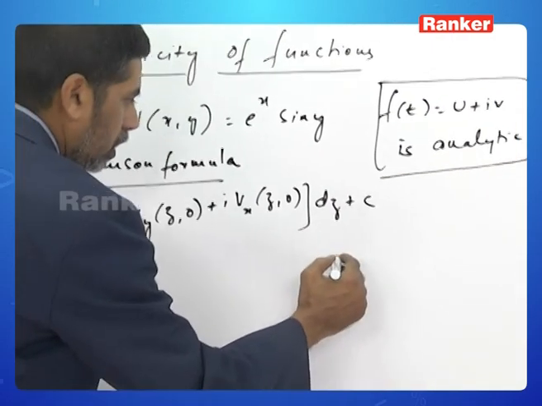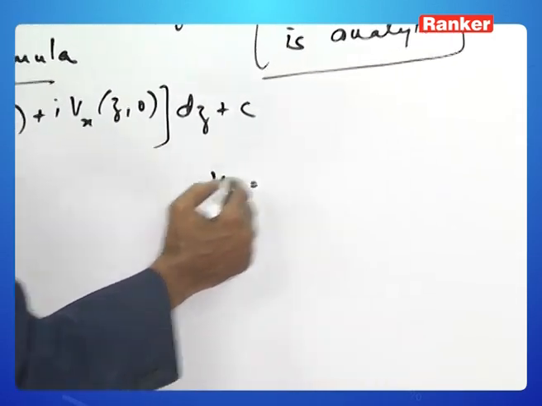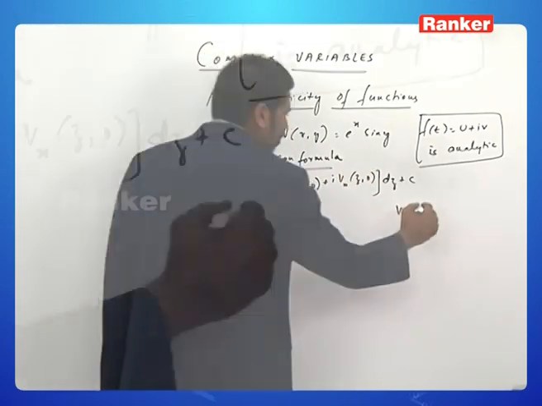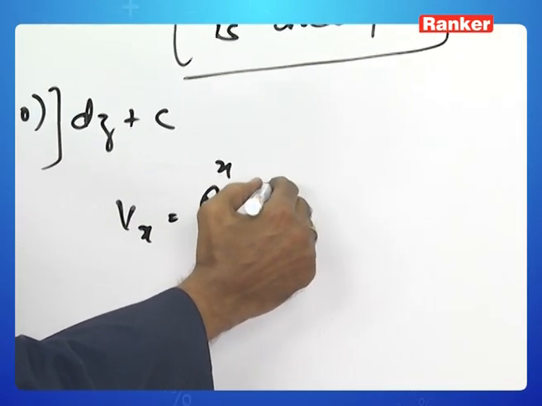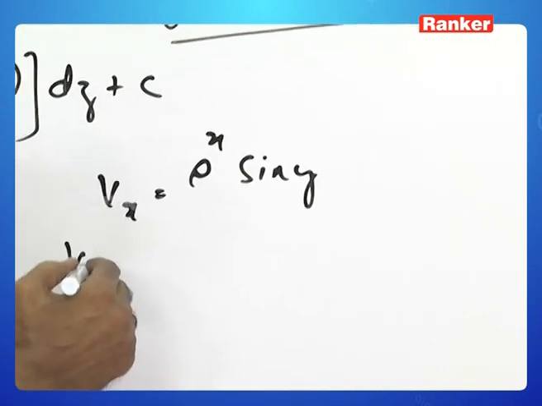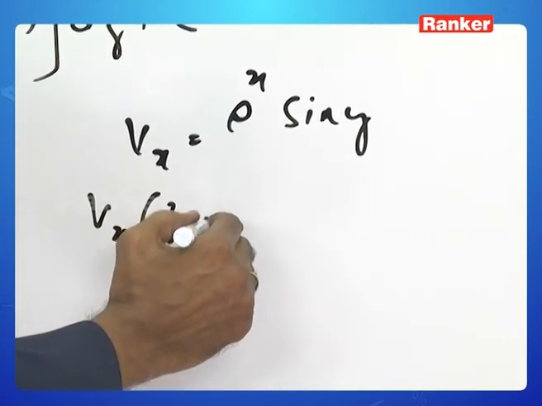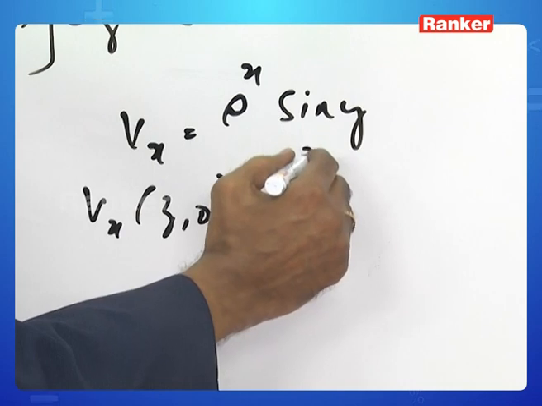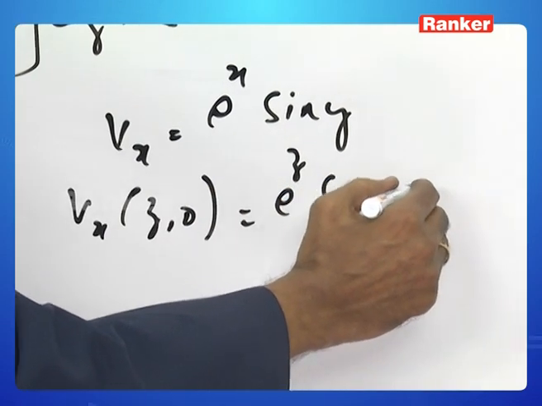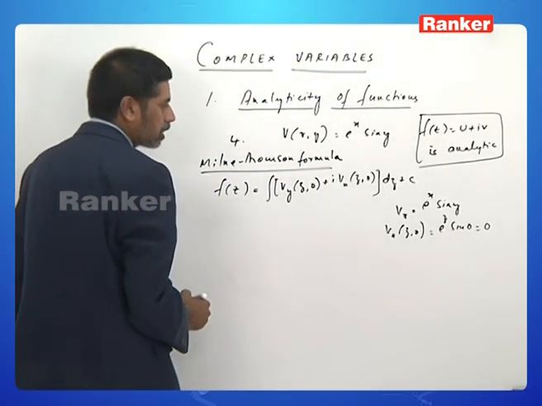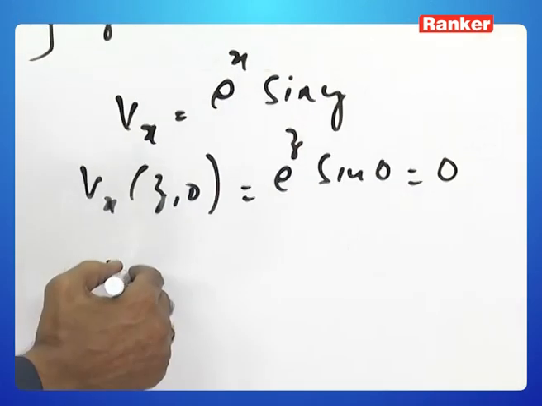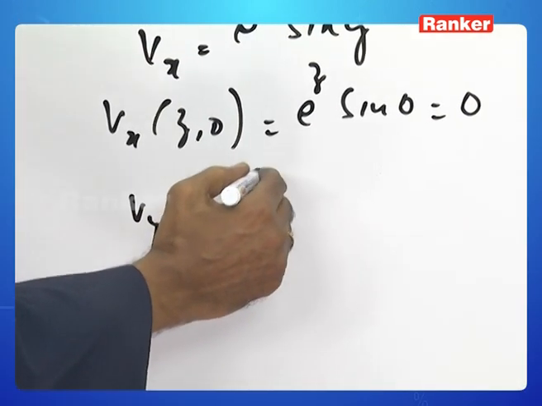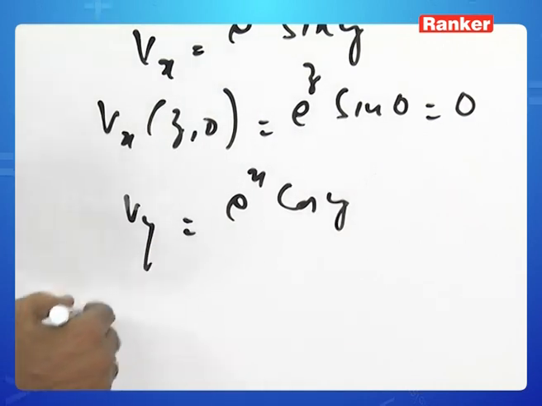So let us see what is dou v by dou x. This will be e power x sin y itself. Vx at z comma 0 is e power z sin 0, so that will be 0. Similarly, Vy is equal to e power x cos y.